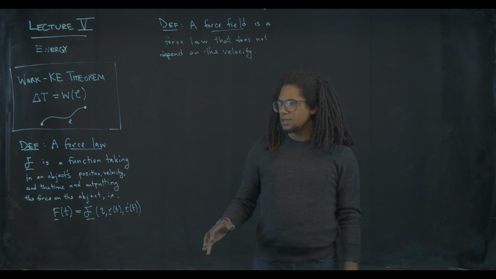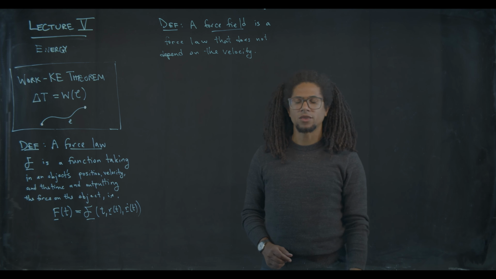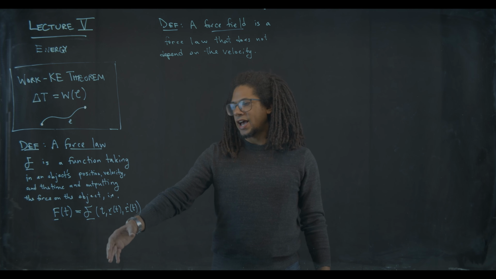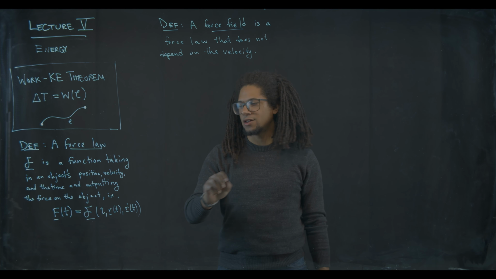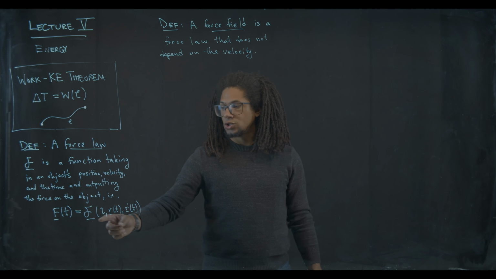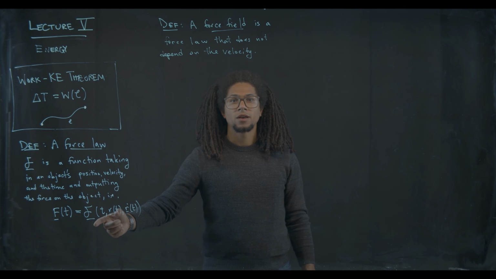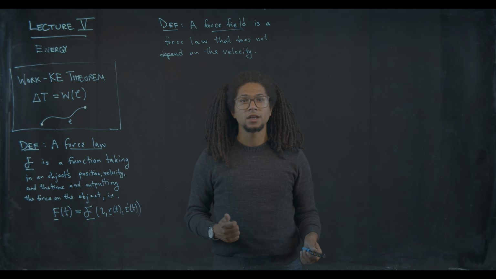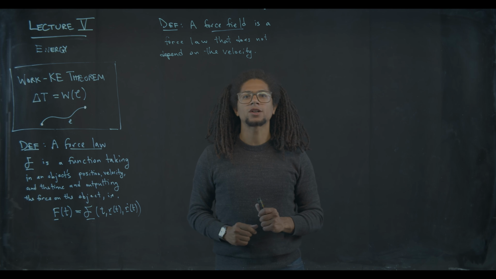Well, the answer is that if this doesn't depend on the velocity, then we can think of this curly F object as being a function, a time-dependent function, from Rn to Rn. And an object that's a function from Rn to Rn is our definition of a vector field.